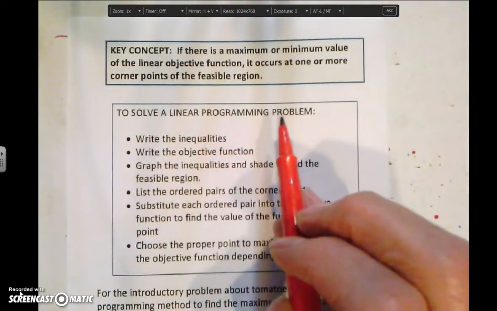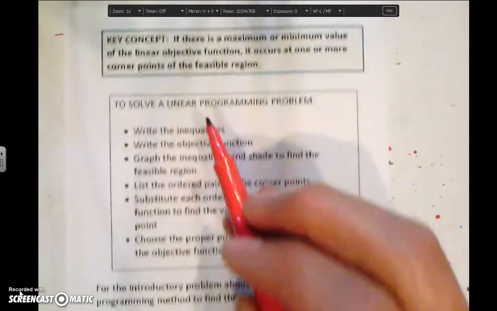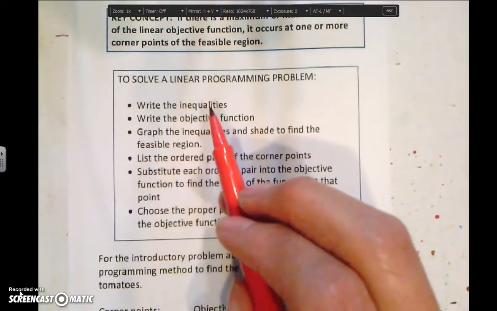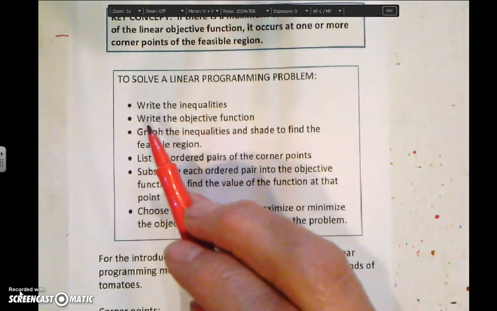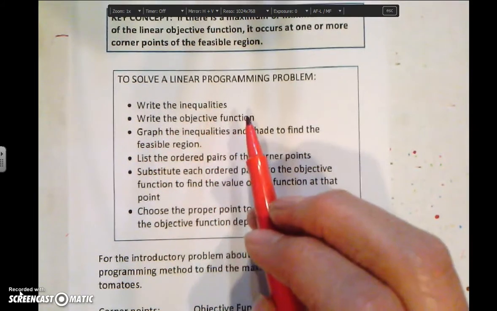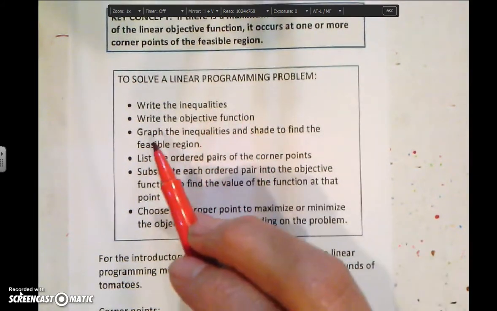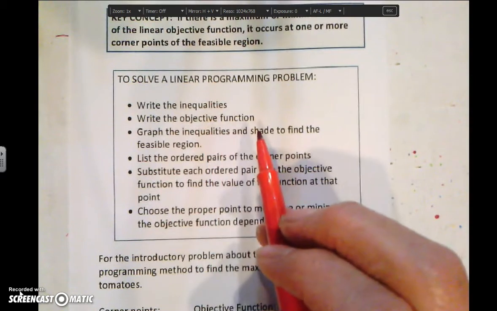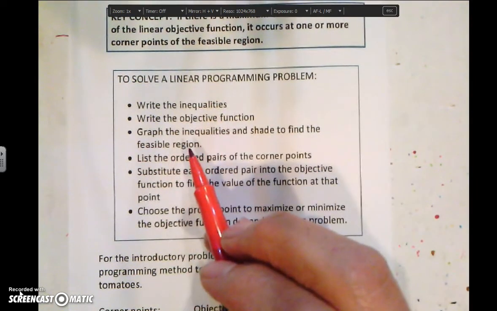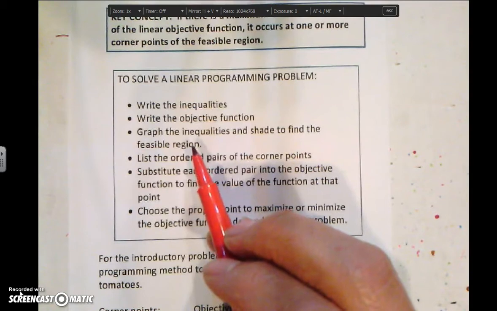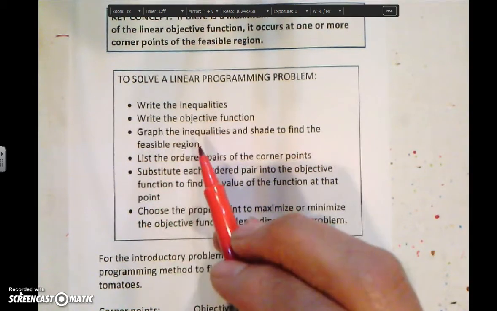So to solve, here's our steps. To solve a linear programming problem, you have to write the inequalities that match the problem. You have to write the objective function. Then once you do that, you're going to graph the inequalities and shade to find the feasible region. So find the overlapping section, and that's going to be our feasible region.